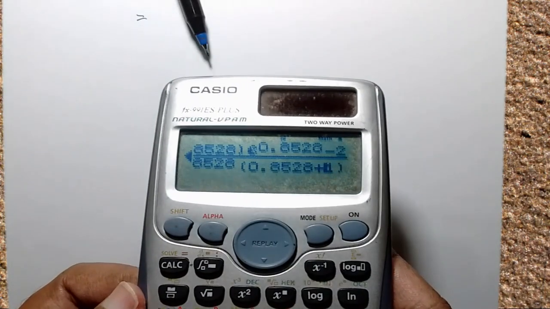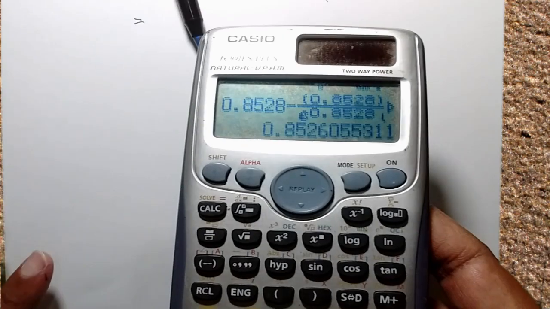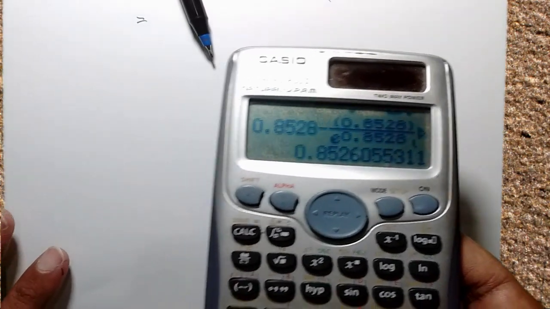So let us see what solution you will be getting over here. So you got 0.8526. So you can write it as 0.8526.